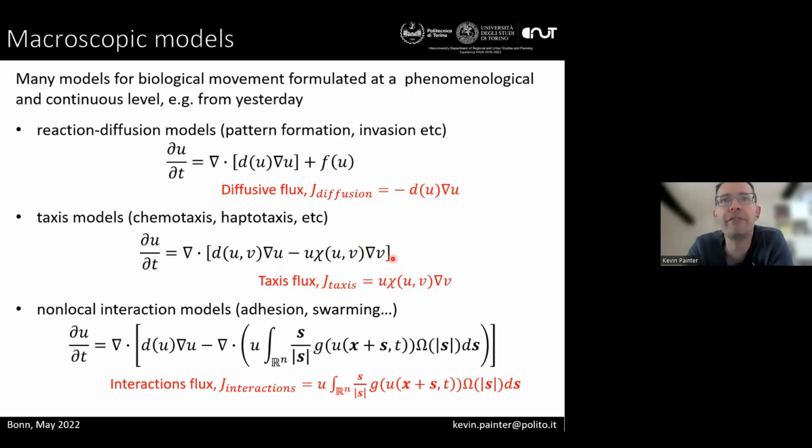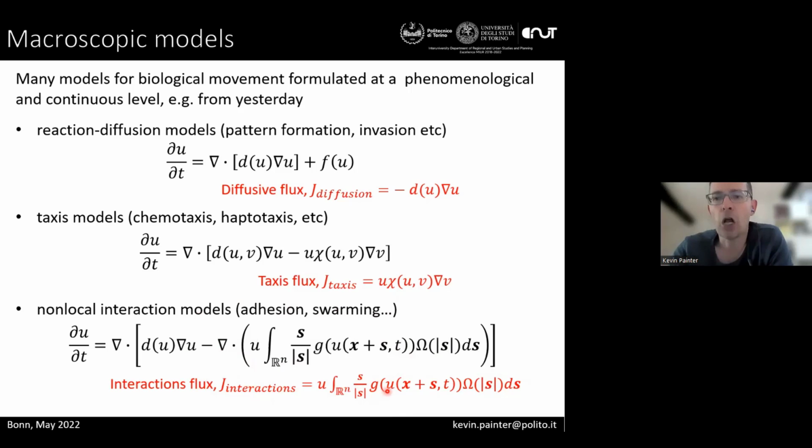Then I very briefly mentioned at the end of yesterday's talk some non-local PDE models that are used to describe processes such as cell adhesion or swarming type behavior. They incorporate non-local elements into the model, but again, they can be derived from classic conservation arguments where you describe some sort of flux of the population according to the distribution of the population in the surrounding region.